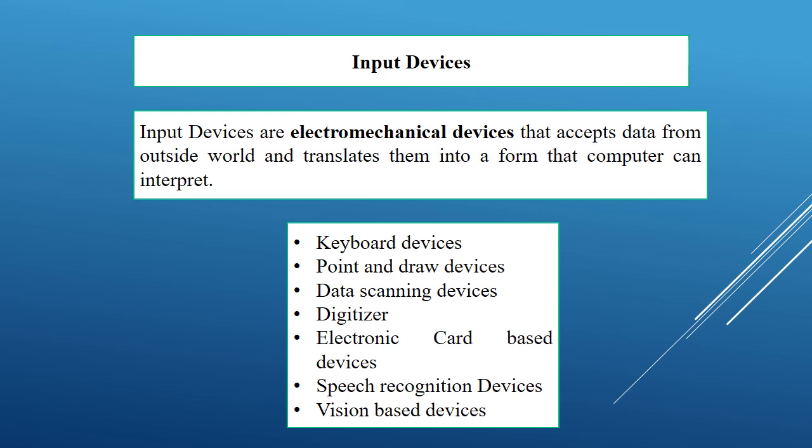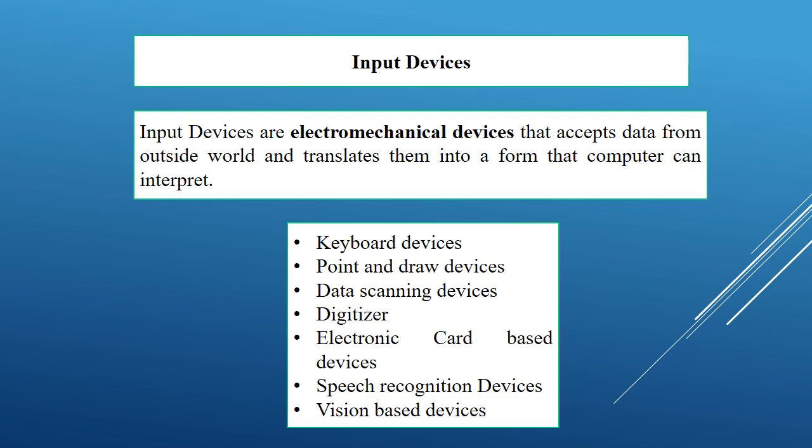In the input devices, the keyboard will come, and point and draw devices will come. The point and draw devices means the mouse, then joystick, and then trackball. These three come under point and draw devices.